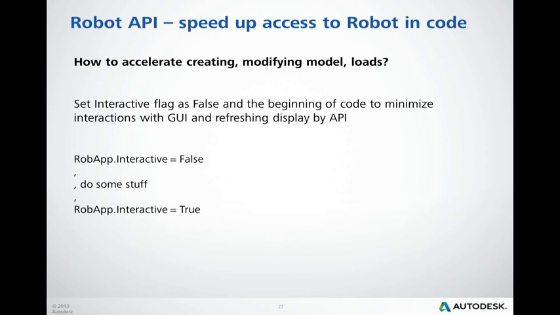How to accelerate creating and modifying model, loads, etc.? Set the interactive flag as false at the beginning of the code to minimize interactions with the graphical user interface and refreshing the display by API.